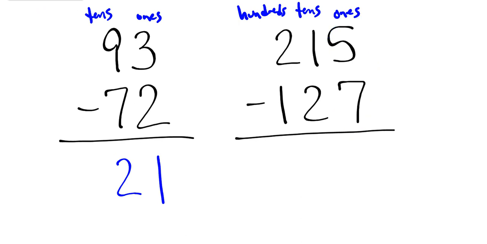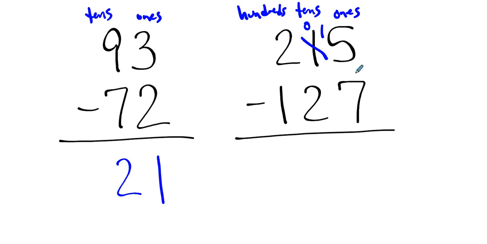So what do you do? Oh yeah, you borrow. You borrow from here and bring over there. Why does that work? How do you just magically turn a 5 into a 15?